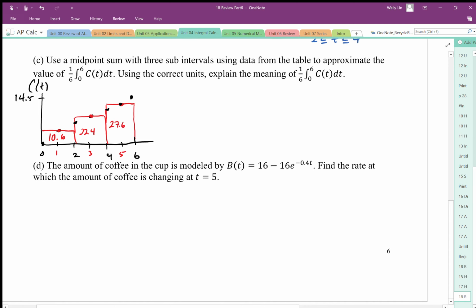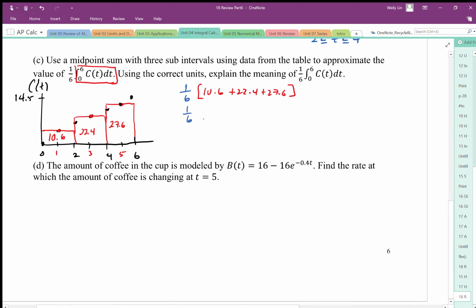So the integral part of this, I'm just going to rewrite this out, 1 over 6, and the integral part is going to be this portion here. When I add this up, it's 10.6 plus 22.4 plus 27.6, and that is the total area under that curve.